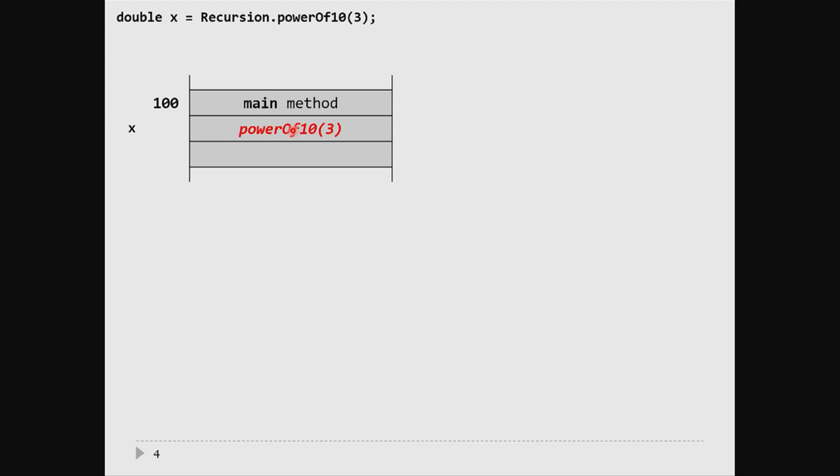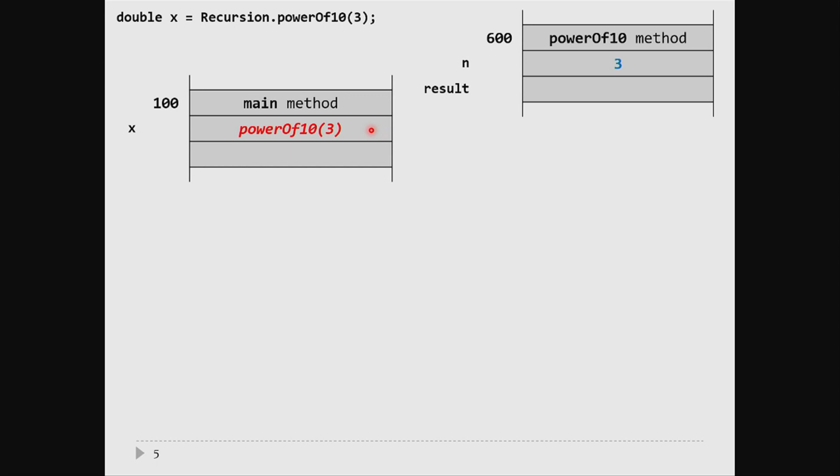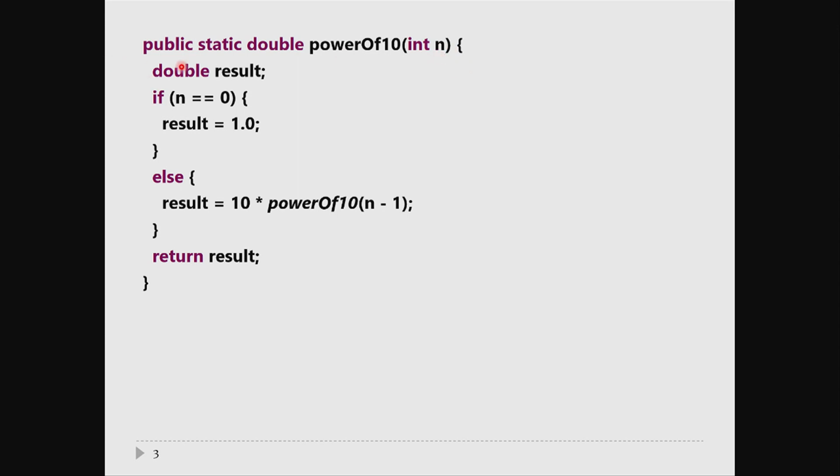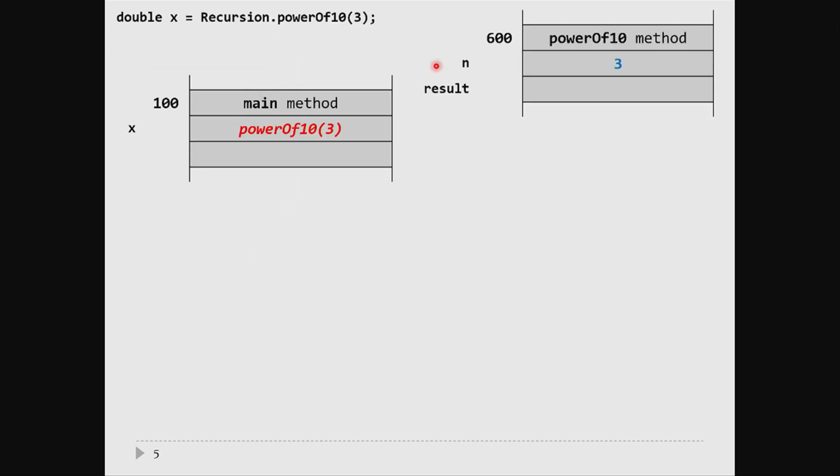What happens in recursion is that the caller calls the recursive method, and somewhere in memory that method runs. Associated with that method are the parameters of the method. We have a parameter n and a local variable called result, so in the memory this method is running in, we have n and result.